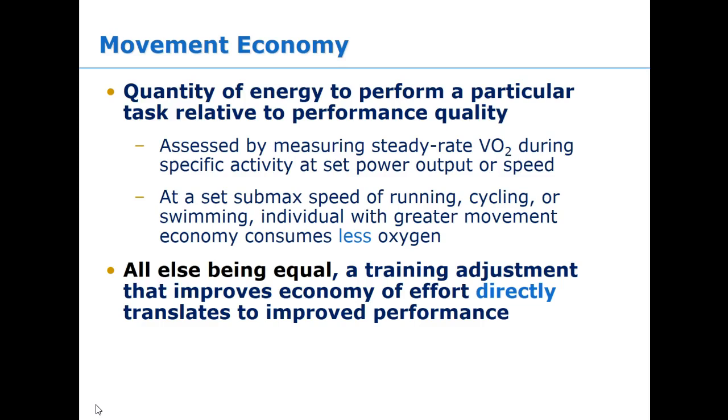With all things being considered equal, a training adjustment that improves economy of effort directly translates to improved performance. And this is what can be the difference between an athlete standing on that gold medal podium versus standing on the silver medal or the bronze, or unfortunately not even being on the podium at all.